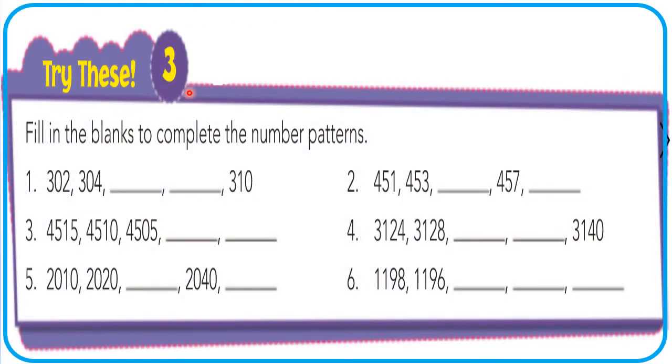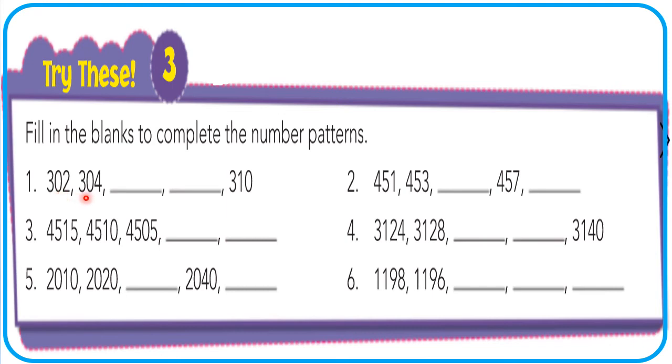Try this number 3. Fill in the blanks to complete the number pattern. Number 1. 302, 304, 2 blank spaces are there and we have 310 here. And if you observe these two numbers, we can notice that 304 is 2 more than 302.